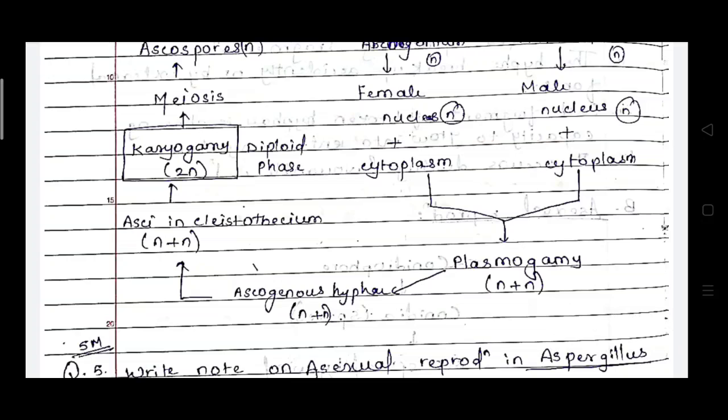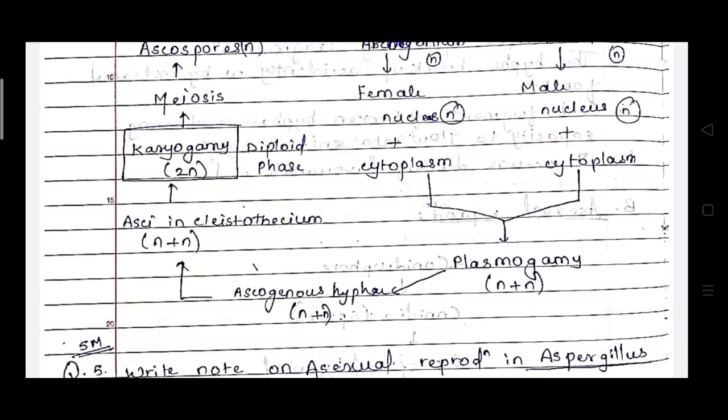After the plasmogamy, that means the union of cytoplasm of female as well as male, the ascogenous hyphae are produced. These ascogenous hyphae produce the asci in the cleistothecium, a specialized structure, and in that cleistothecium asci are present.